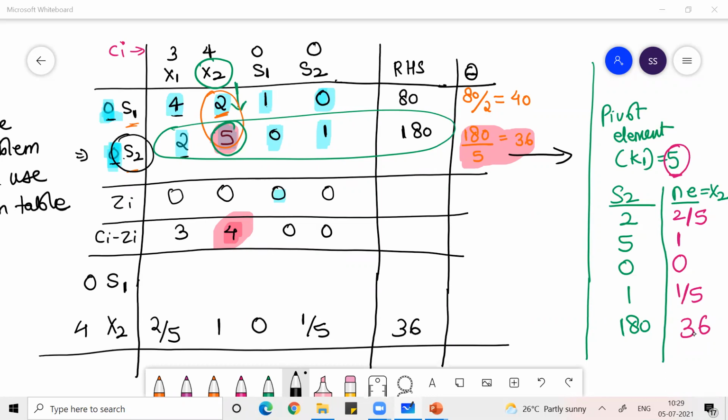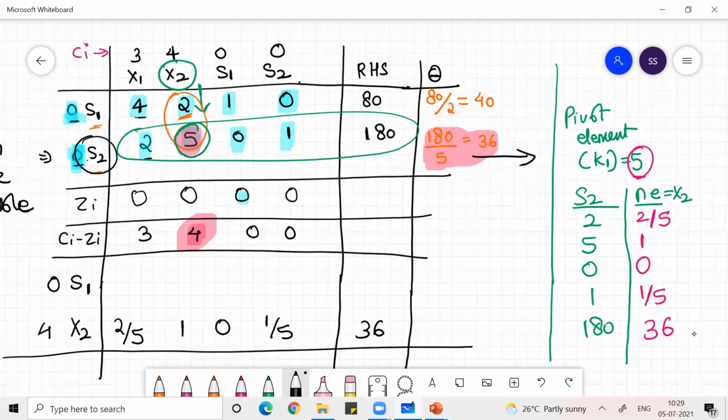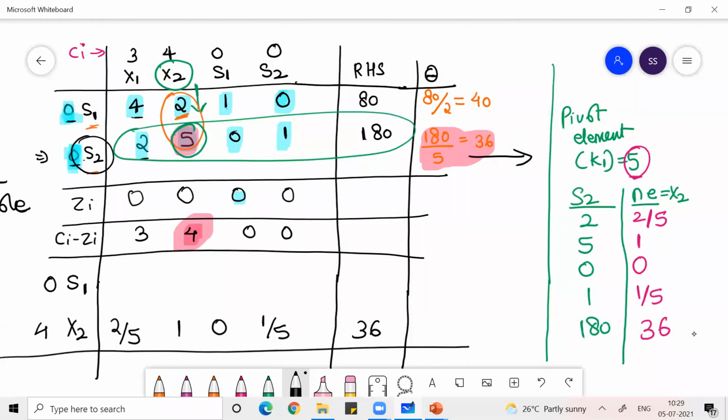So I got the value of x2. Now I have to find the value of s1. I told you this 5 was the pivot element, because 5 is the corresponding element at the point of intersection between x2 and s2.